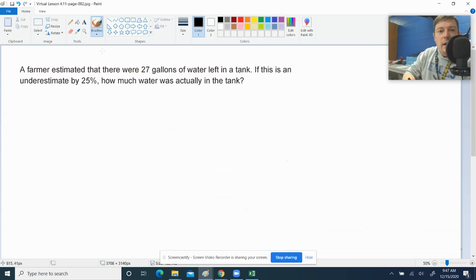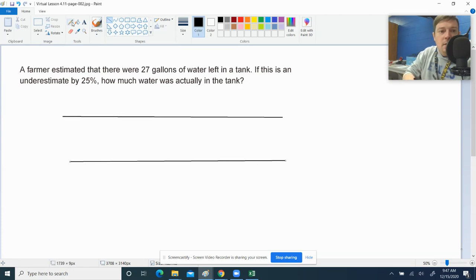Okay. So we have this farmer, and I'm going to quickly sketch a double number line for this. We've got this farmer, and he's estimating that this tank has 27 gallons of water remaining inside. So my percent is down here, my 100 is there, and his estimation.